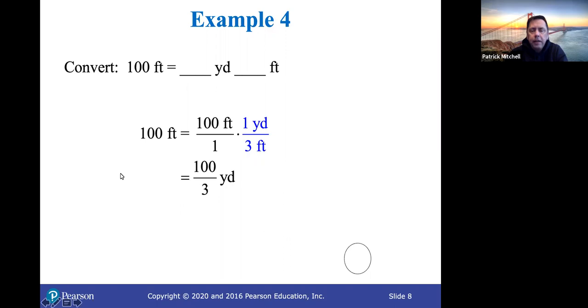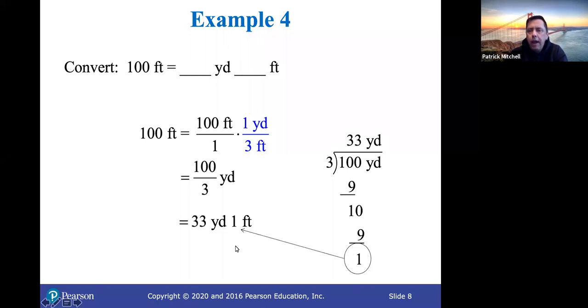I'm going to write that as a mixed number. So that comes out to 33 1/3, and that remainder 1 is the number of feet that are left over. So this would be 33 yards and 1 foot. So the quotient is the number of yards and the remainder is the number of feet.